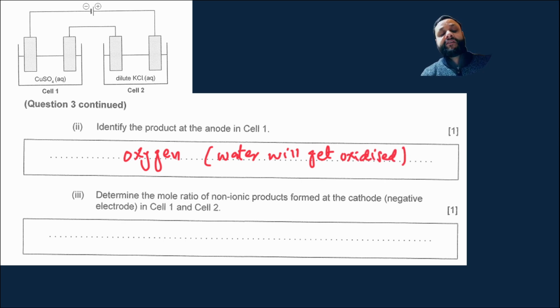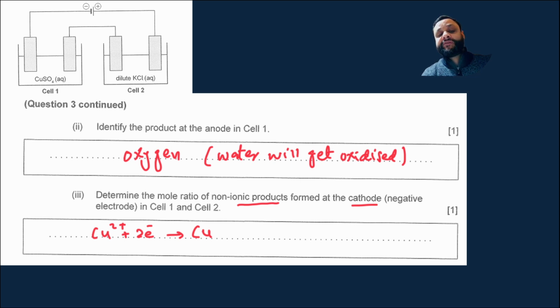Right. 3. Determine the molar ratio of non-ionic products. Non-ionic products are formed at the cathode, the negative electrode, in cell 1 and cell 2. In cell 1, copper ions get reduced to copper. So Cu2+ plus 2 electrons will give us a copper atom.